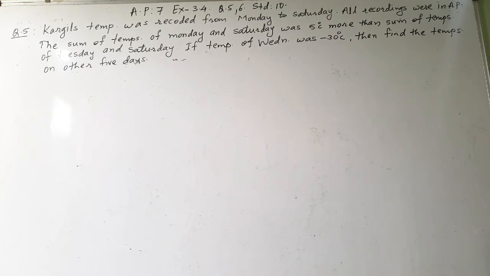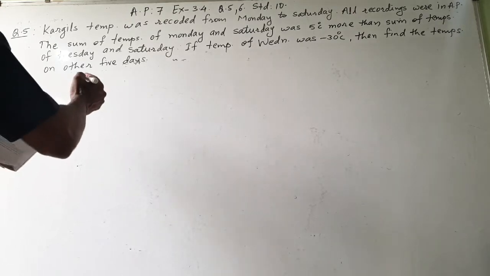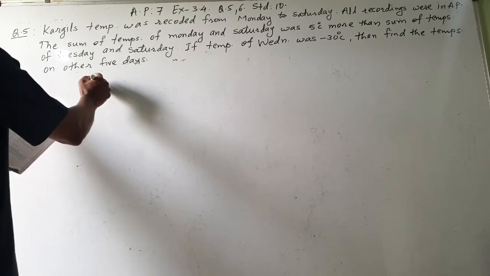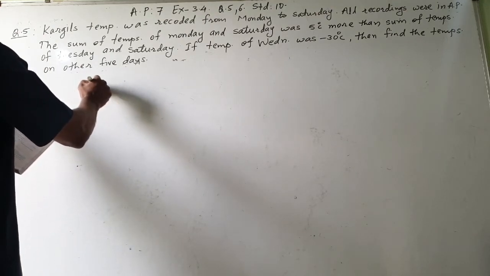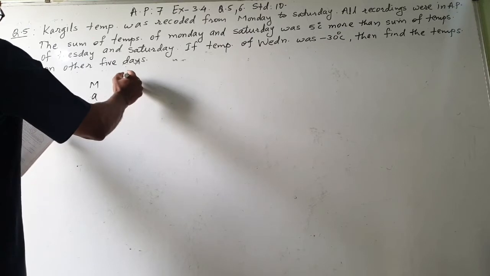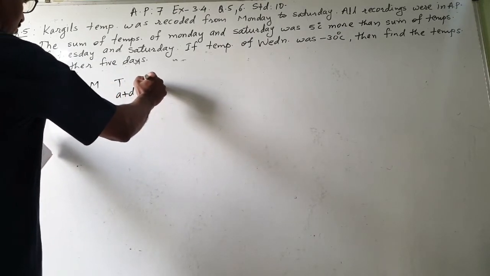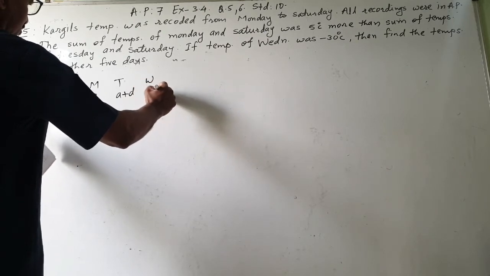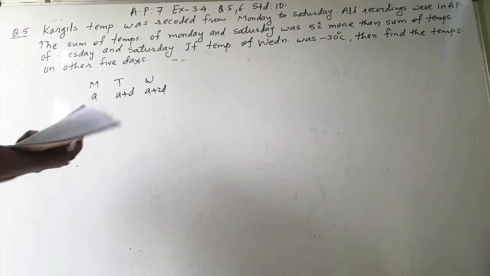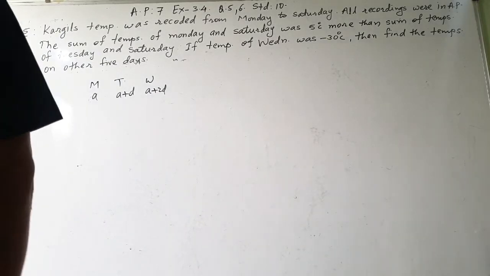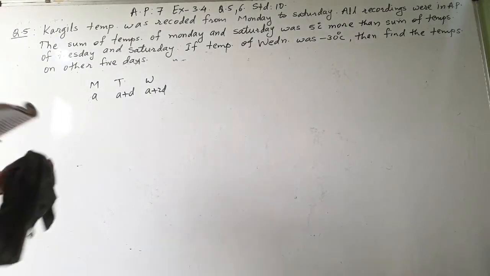So you can go in different fashions. Another way I have also solved it here: on Monday, suppose you take A, Tuesday A plus D, Wednesday you can take A plus 2D, and so on. That way also you can find this. Hope that you are getting this now.